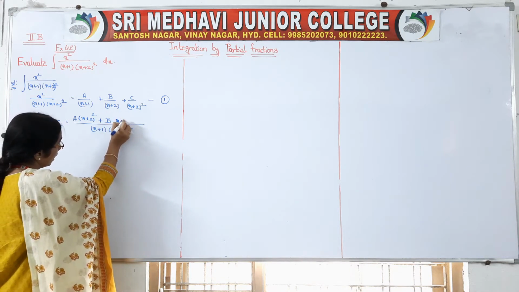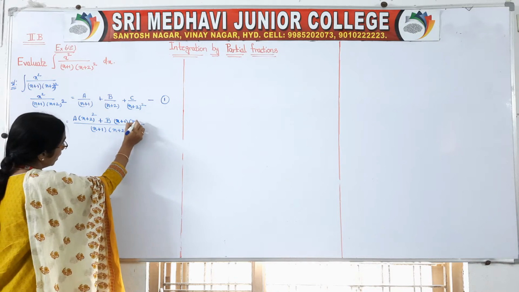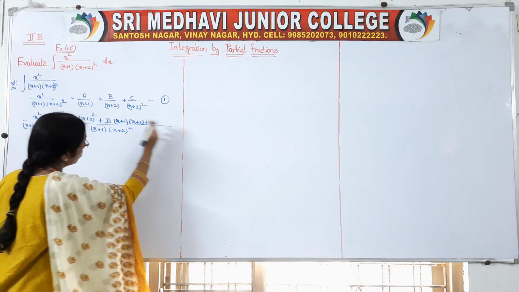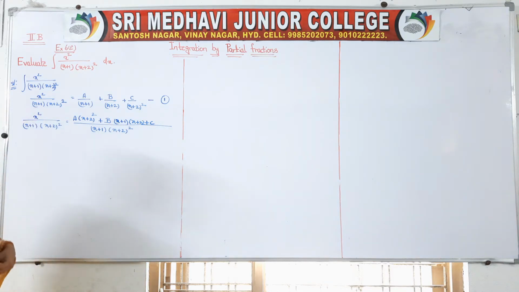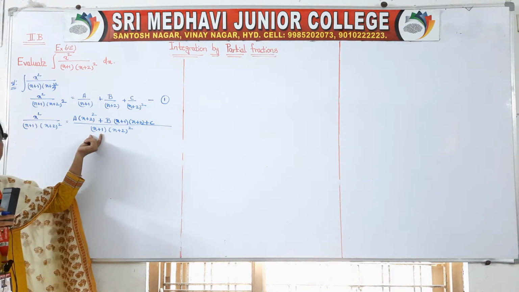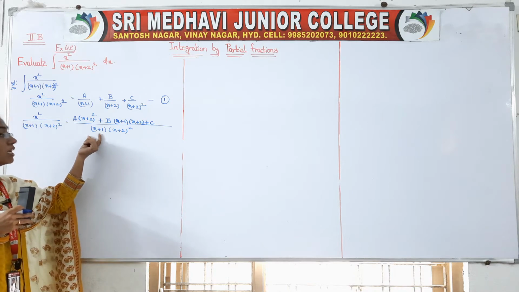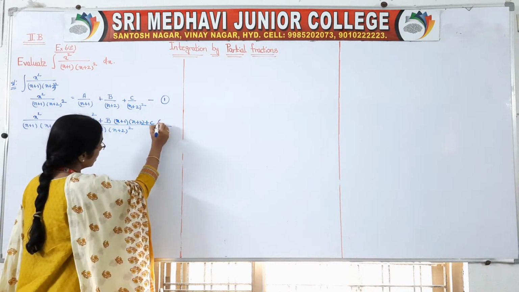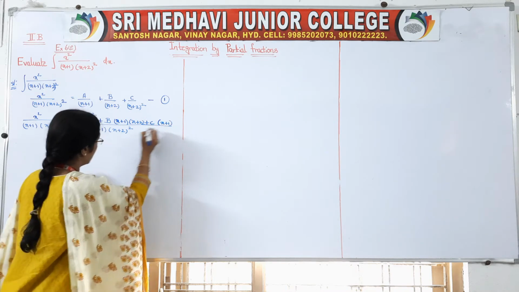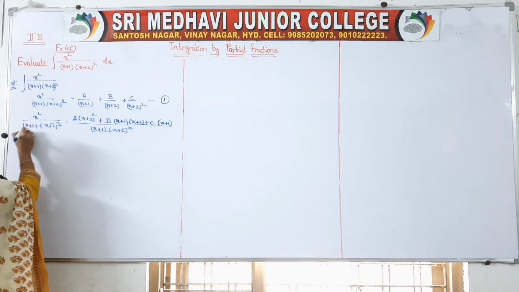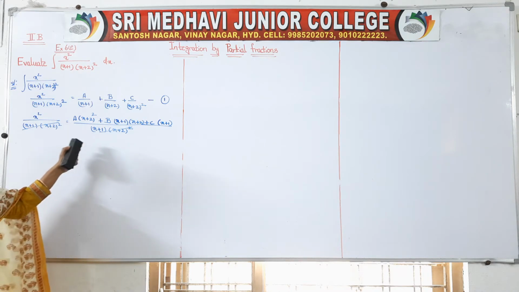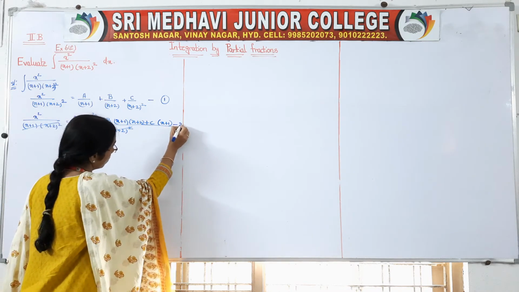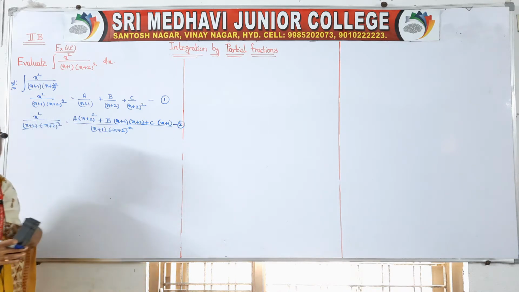So you take (x plus 1) into (x plus 2), plus C into, (x plus 2) whole square is there downwards, but in the LCM we are having (x plus 1) into (x plus 2) whole square. So it is C into (x plus 1). So (x plus 1) into (x plus 2) whole square cancel on both sides. This is your second equation.